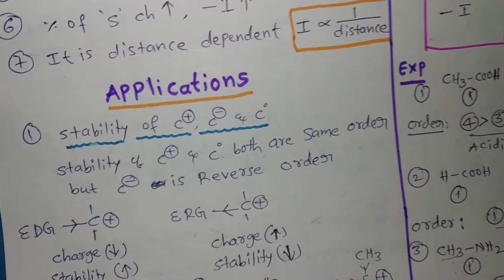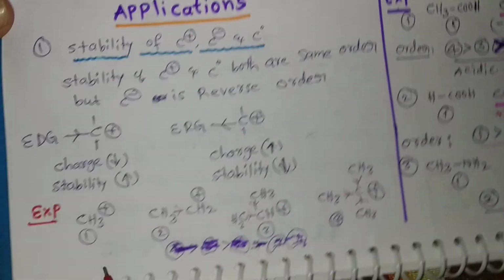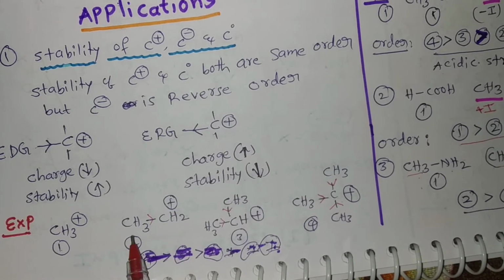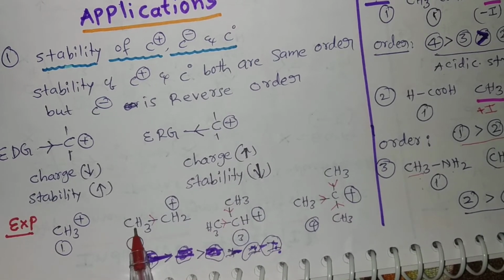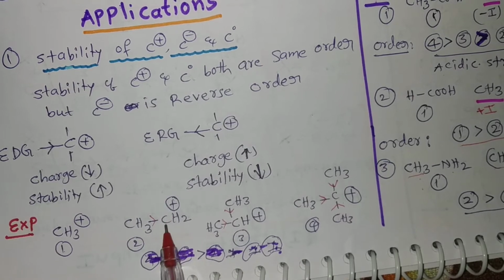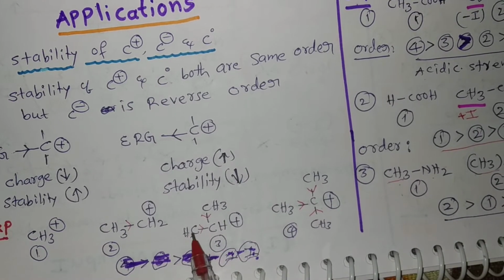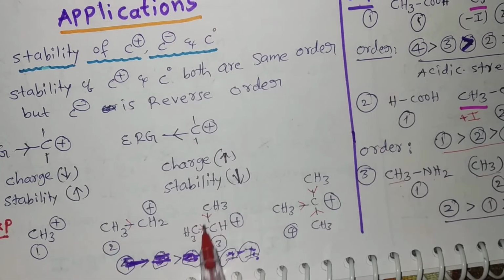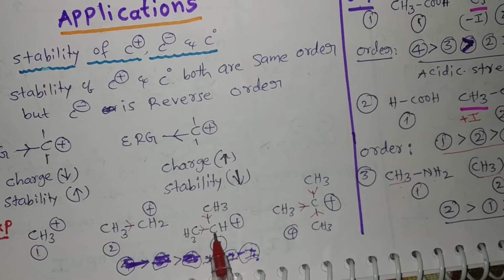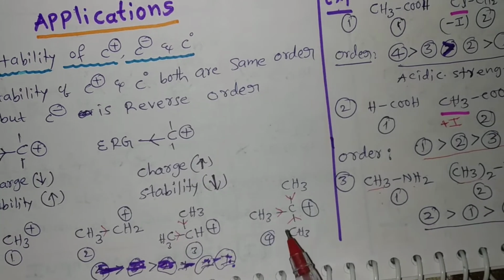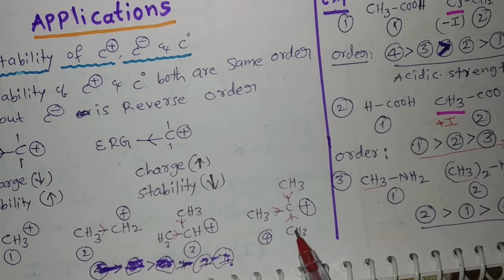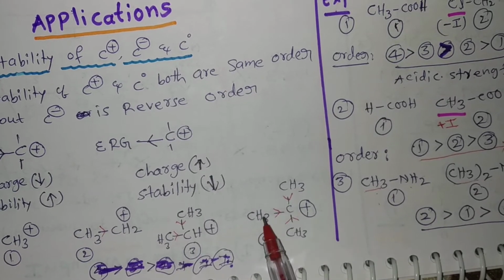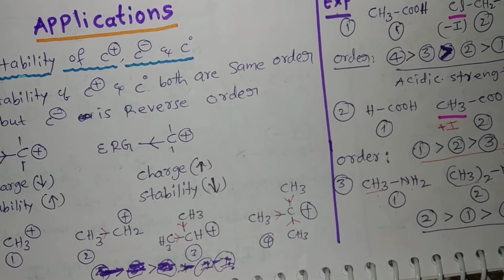For example, CH3 plus; CH3CH2 plus, only one electron donating group attached to the C plus; (CH3)2CH plus, two electron donating groups attached to the carbocation; (CH3)3C plus, three electron donating groups attached to the carbocation.